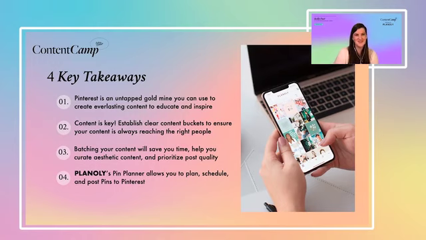That kind of leads me to the next one, which is that content is key. So making sure you really have a clear content strategy is really important. Hopefully you got some ideas in Slack from each other on different content buckets you use, but I did want to mention that just really spending that time on the content strategy will really help in the long run. The third is batching your content will save you time.